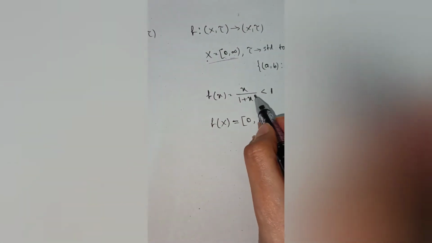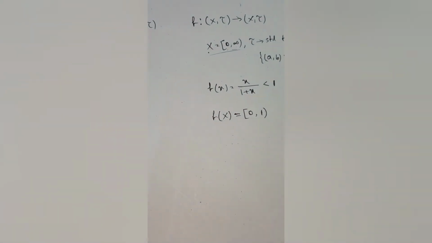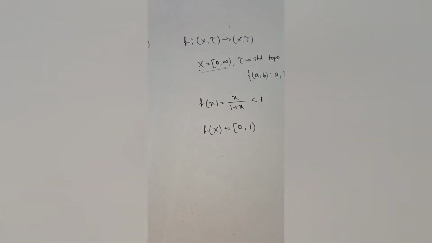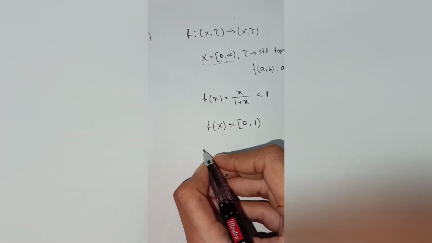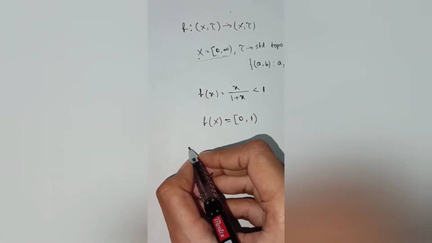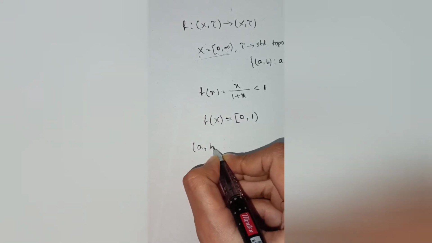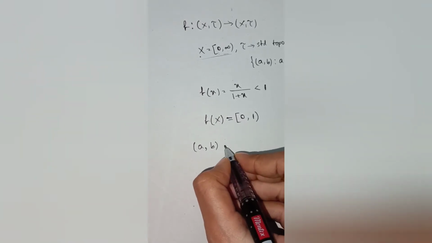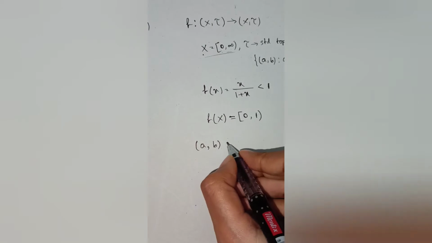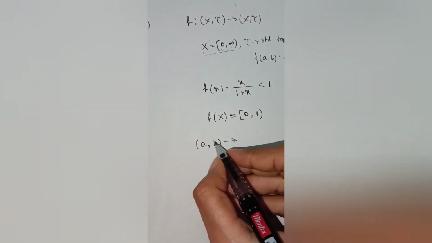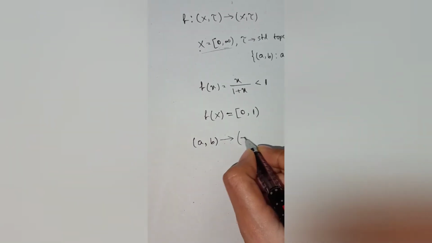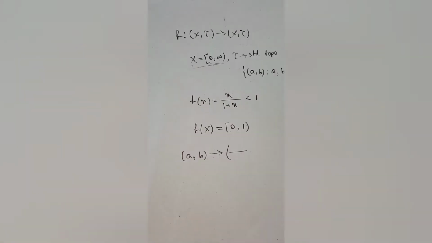Now this function is obviously a continuous function, but we have to show that this function is open also. So if we take any open set (a, b), f will take this open set to another open set. How?